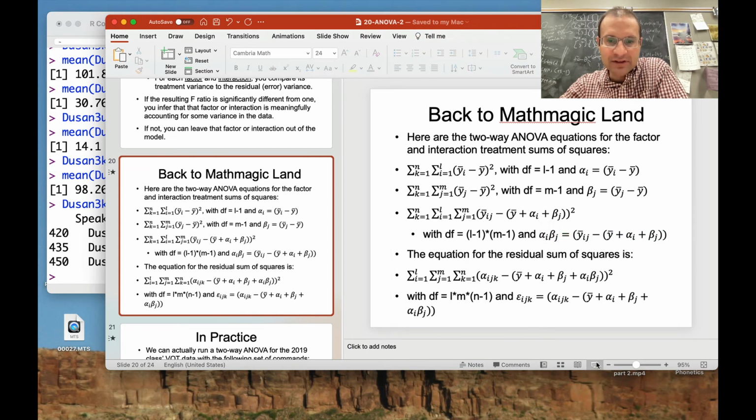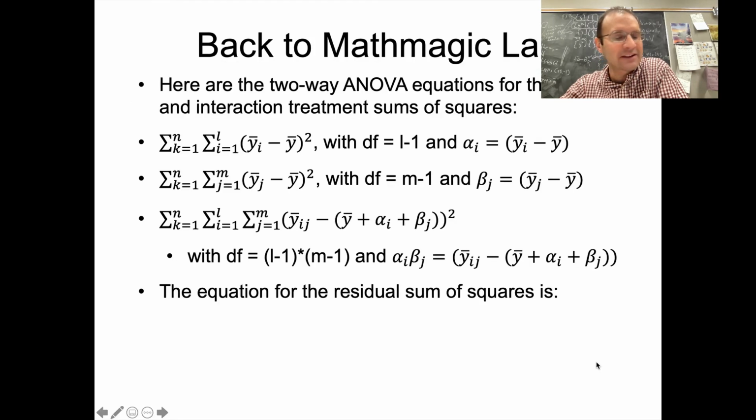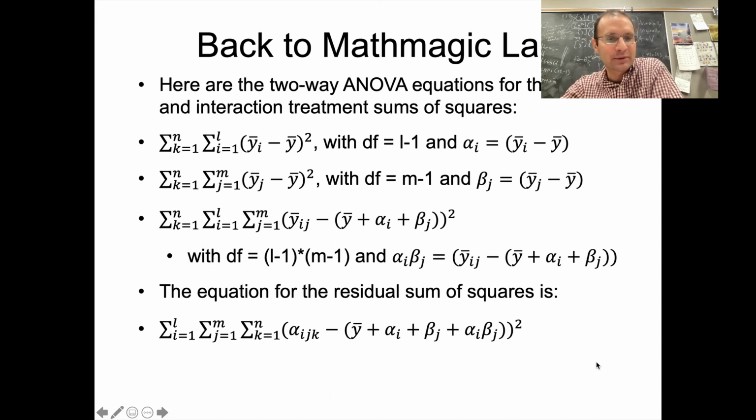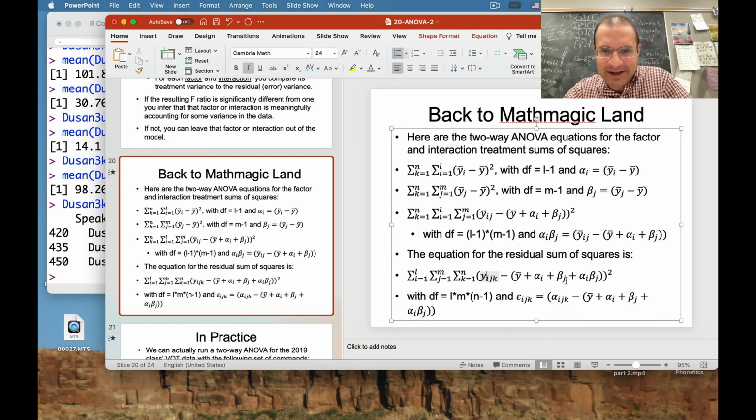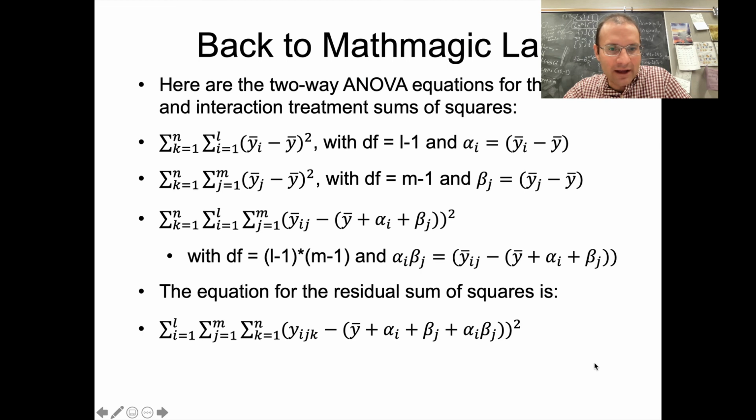And then again, exactly the same thing for the residual sum of squares. You're just trying to factor out the predictable stuff you can get here. So alpha sub ijk, actually, that's not what I want. I found another mistake. Imagine that. That should be y sub ijk. Yeah, like that. So in that case, you're subtracting from that everything you can predict with the other factors: the grand mean, the independent factors, and then also the interaction between those factor levels.